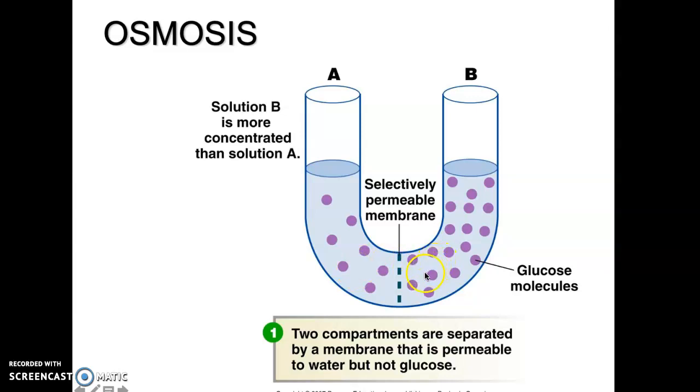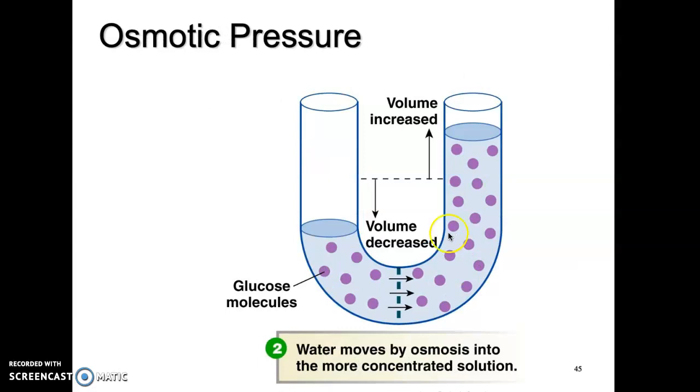So if these molecules cannot cross the membrane, but water can, then water is going to move, from A to B or from B to A. If water is attracted by the solute, it's going to go towards B where there was greater solute. So the solutes are still the same number on either side, but the concentrations have now equalized because water has moved by osmosis into the more concentrated solution.